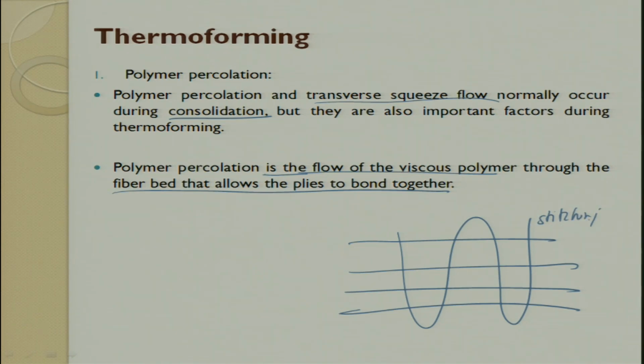Instead of stitching, what we do is an adhesion joint, that is all. So it is the flow of the viscous polymer through the fiber bed that allows the plies to bond together. So, this is replaced by fiber bonding. Is it clear?